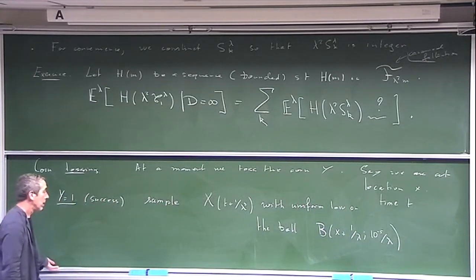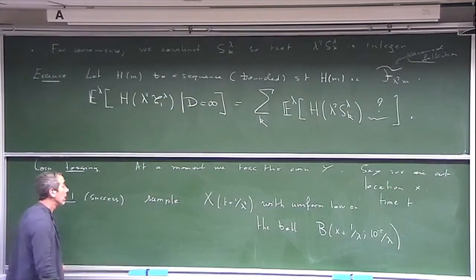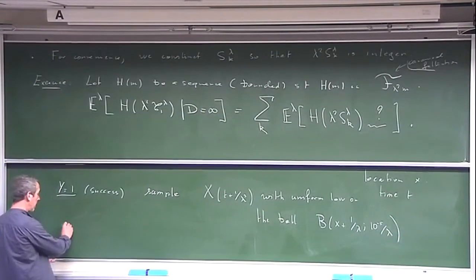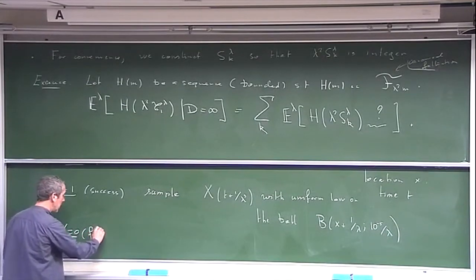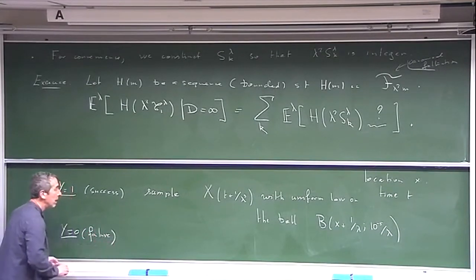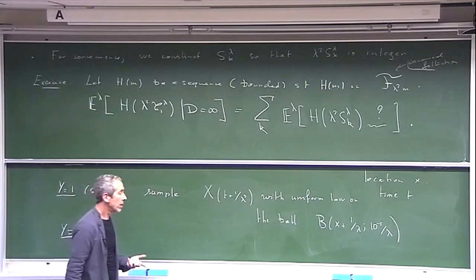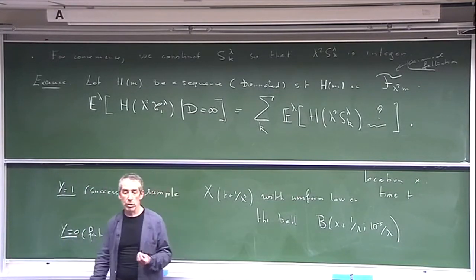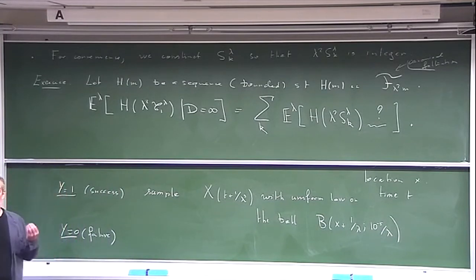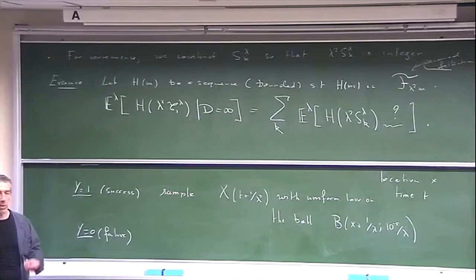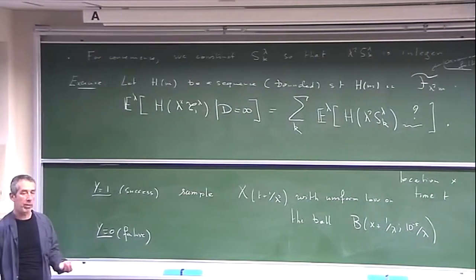Then you may have a failure. So you may have y equals 0. This is a failure. And then you have to decide what to do. What you should do, in words, is the only thing that you can possibly do in such a way that you catch up with the law of the diffusion in the random environment.